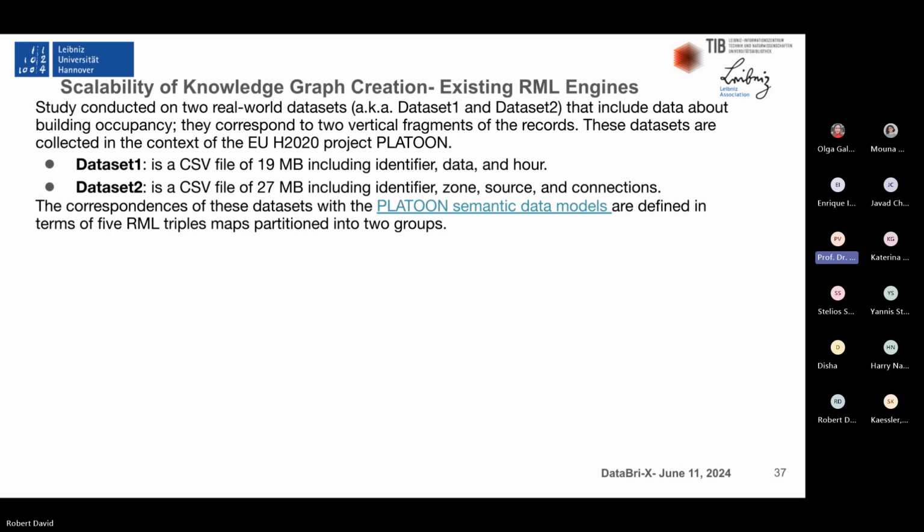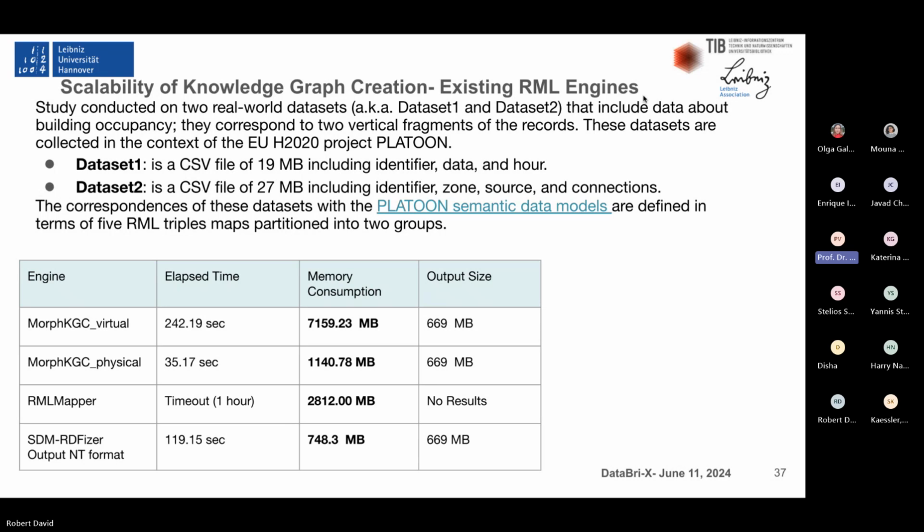So you can click, and you will see that we started with the different engines that are available, and we were checking, okay, what happened? We measured elapsed time, we measured memory consumption, and we saw that we have the different output size.